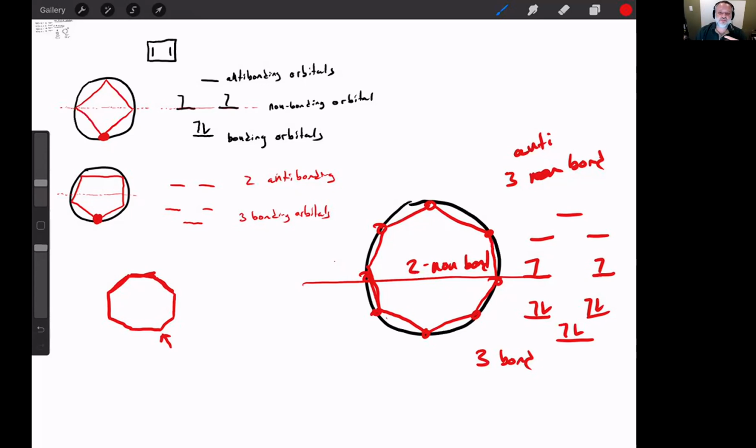This would be the situation with the Frost circles if those p orbitals are perfectly overlapping. But if one of the molecules is anti-aromatic, then they distort themselves into a different shape, and all of a sudden these molecular orbitals don't apply anymore, and they go from anti-aromatic to just non-aromatic.